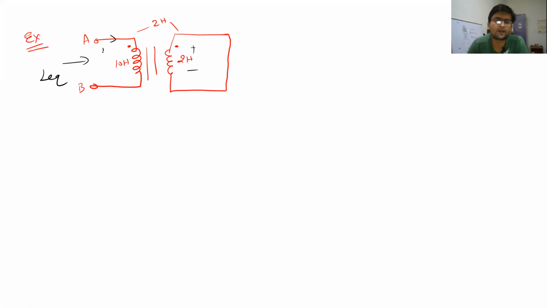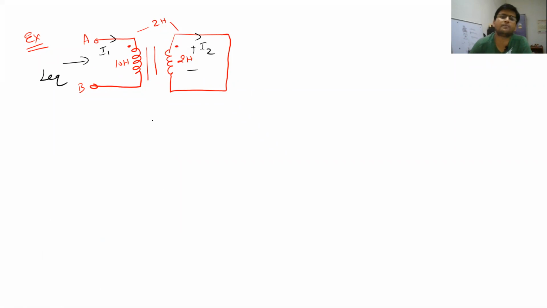So if the current direction is given like this and current produced at the output is given like this, you see that this is in the opposing flux formation. So the fluxes in the two windings will oppose each other.